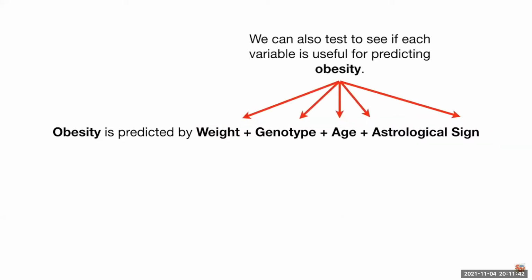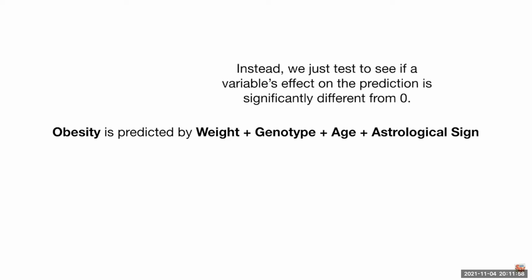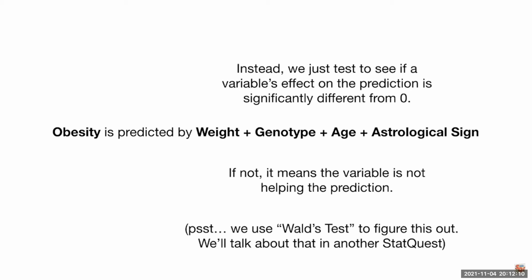We can also test to see if each variable is useful for predicting obesity. However, unlike normal regression, we can't easily compare the complicated model to the simple model, and we'll talk more about why in a bit. Instead, we just test to see if a variable's effect on the prediction is significantly different from zero. If not, it means that the variable is not helping the prediction. Psst.